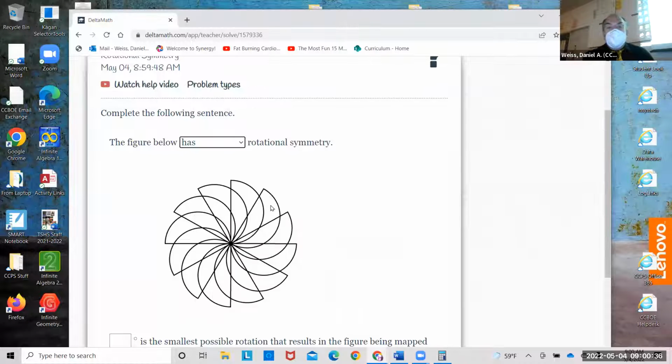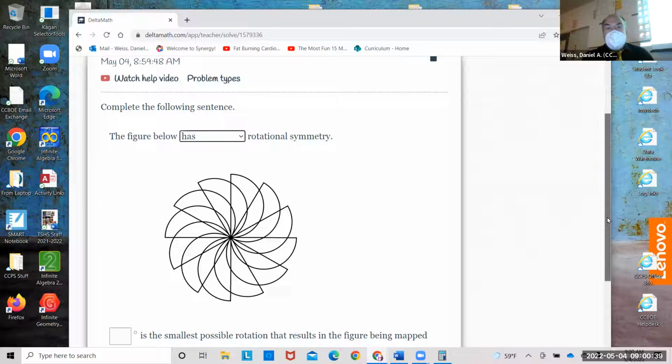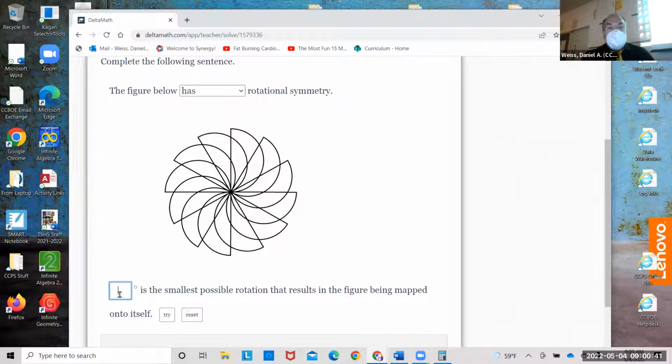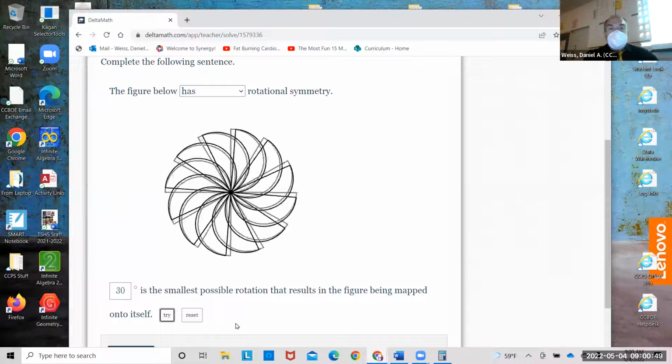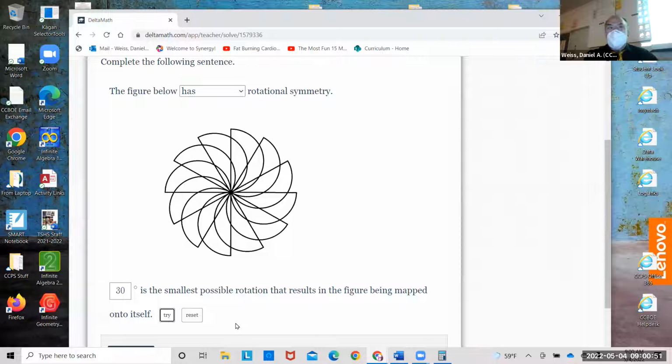So I'm going to try 30 degrees. I'm going to claim 30 degrees is the smallest possible rotation. Try it. There it is. Right? If I tried 20 degrees, no, that doesn't work.